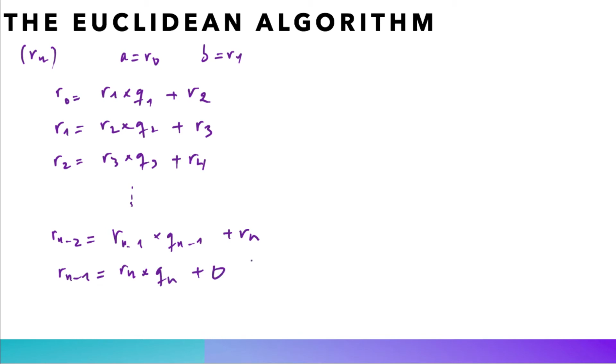We've seen that this means that Rn is the GCD that we're looking for. Let me remind you that we would like to write Rn as a linear combination of R0 and R1, which means of A and B. Moreover, this sequence always goes down to 0, and this is because a decreasing sequence of natural numbers must halt.